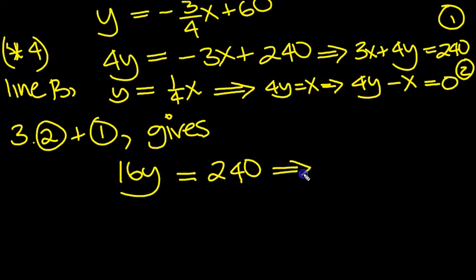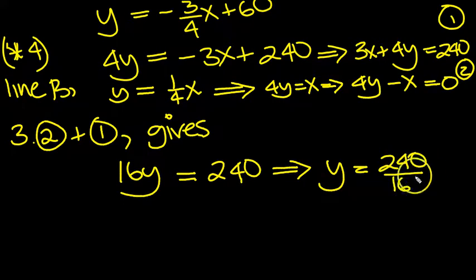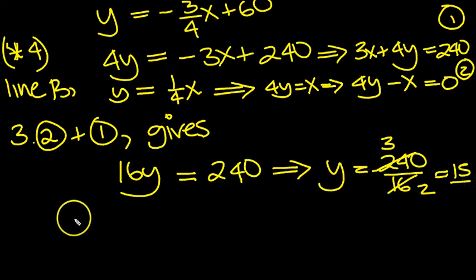So that tells us then that y is equal to 240 over 16. So that's 16, 8 is going into 16 twice, 8 is going into 24 3 times, 30 over 2 is 15. So y is 15 then. So now what is x? Well, let's get x from equation 2.